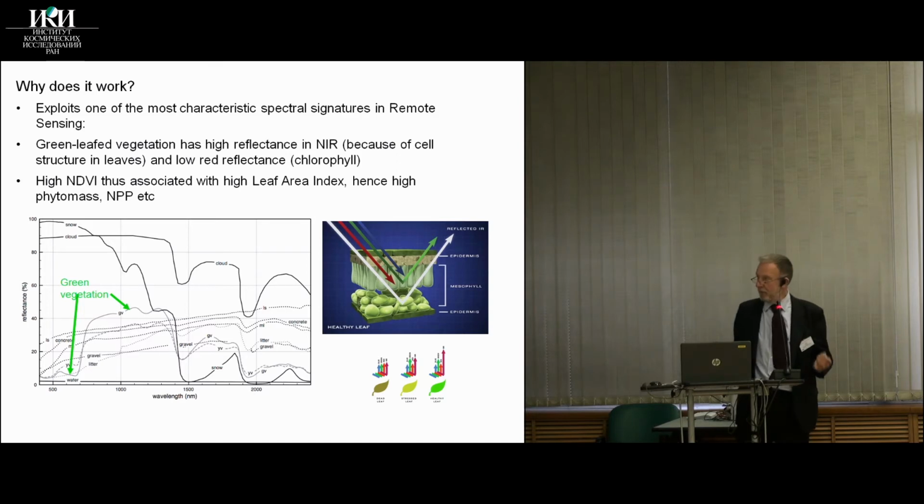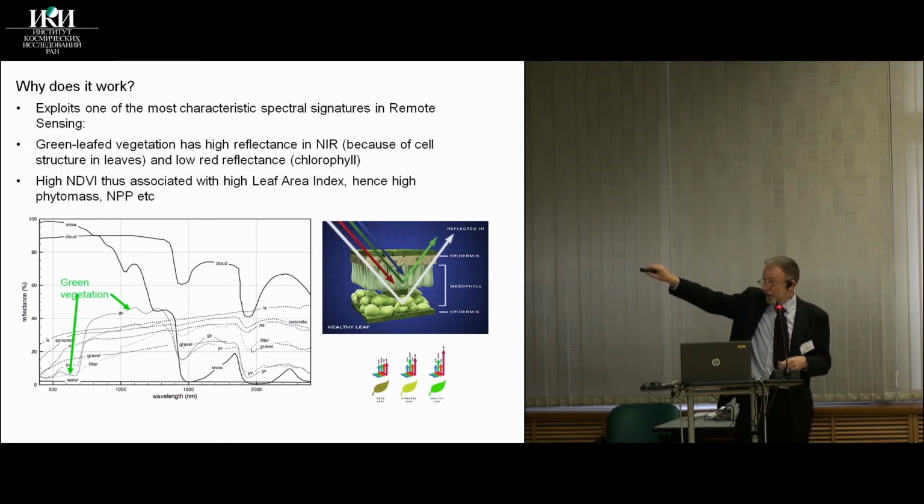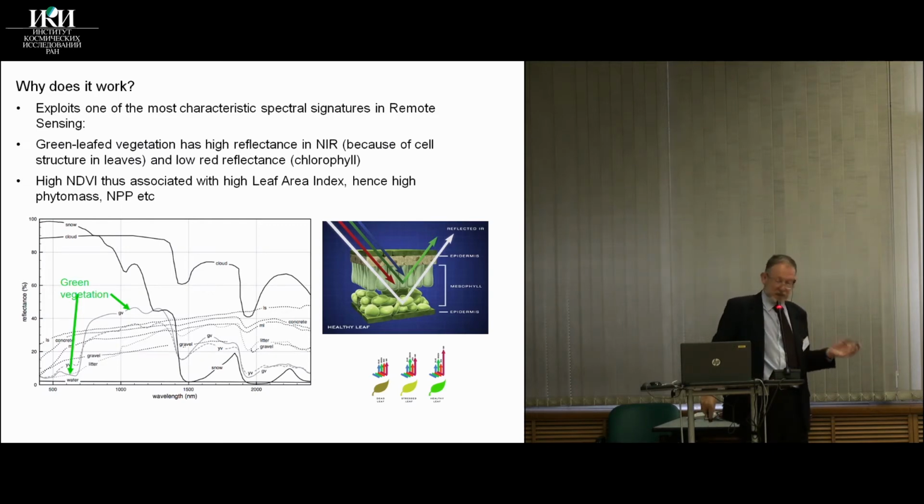So there's a high reflectance. In the red part of the spectrum, something completely different happens because of the presence of pigment called, well, there are lots of pigments, but the one that's really important here is chlorophyll. And that sucks the red light and the blue light out of the radiation.